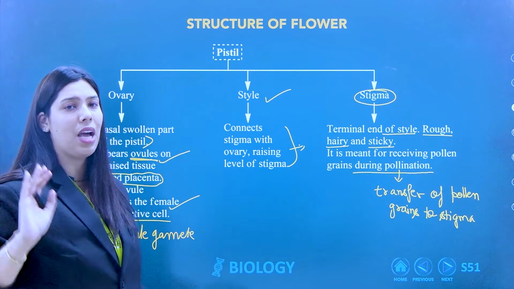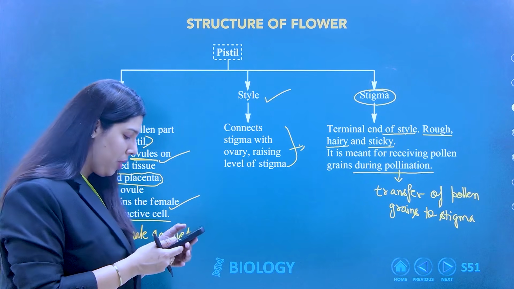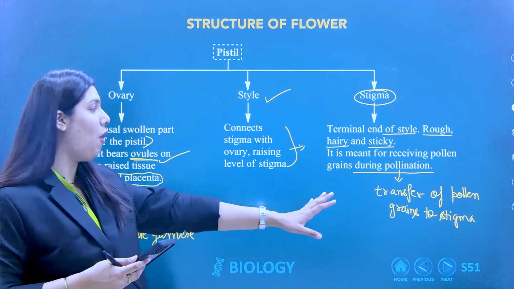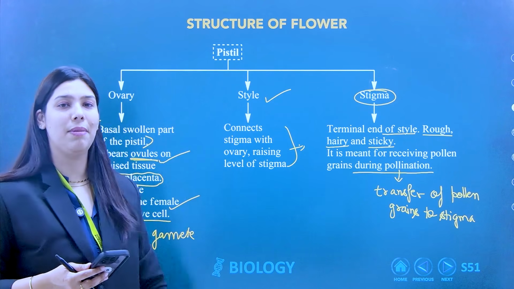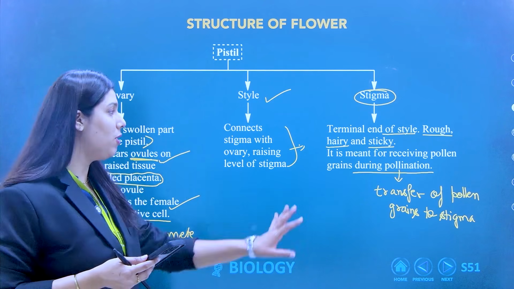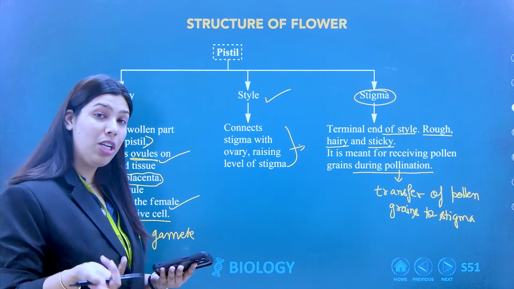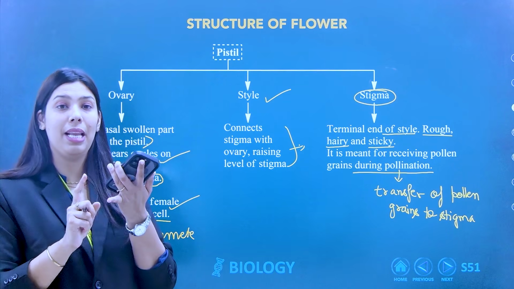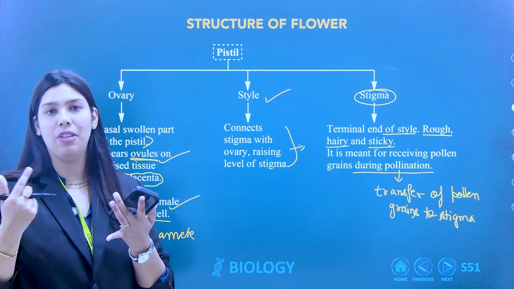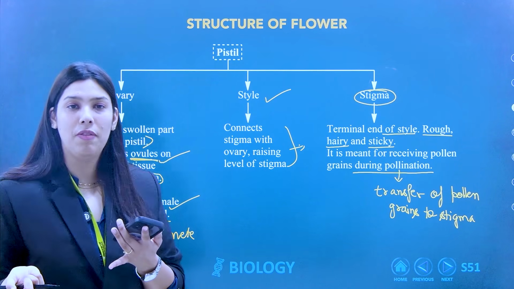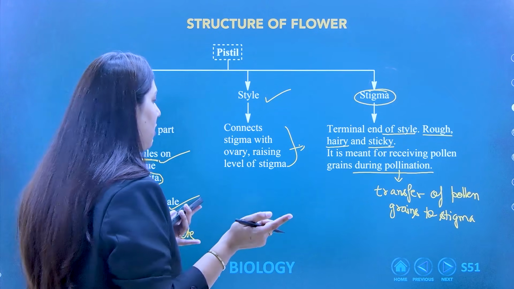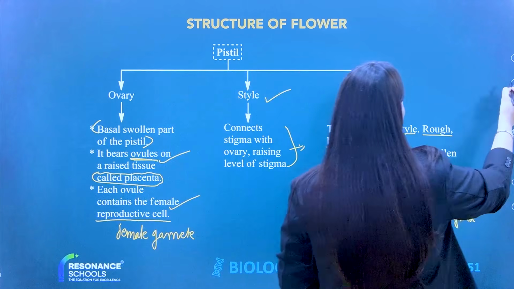That is something we are adding ahead, but this is the main point: the transfer of pollen grains to the stigma. So this is pollination. Why does pollination need to be done? Because once pollination is done, the female and the male gamete will fuse, which will eventually lead to fertilization. After fertilization, there will be a fruit. Correct, everyone? Okay.